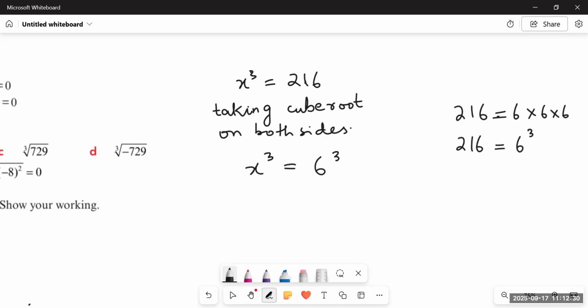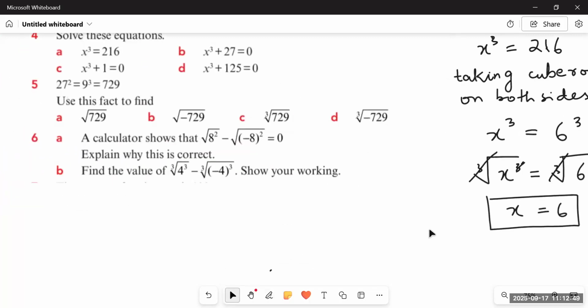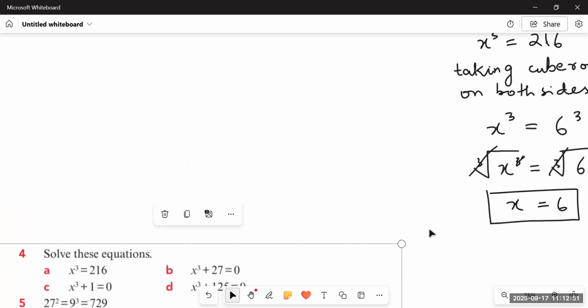Then I will take the cube root on both sides. This cube root will cancel the cubes on both sides, and I'm left with x is equal to 6. So if x cube is equal to 216, x would be 6.